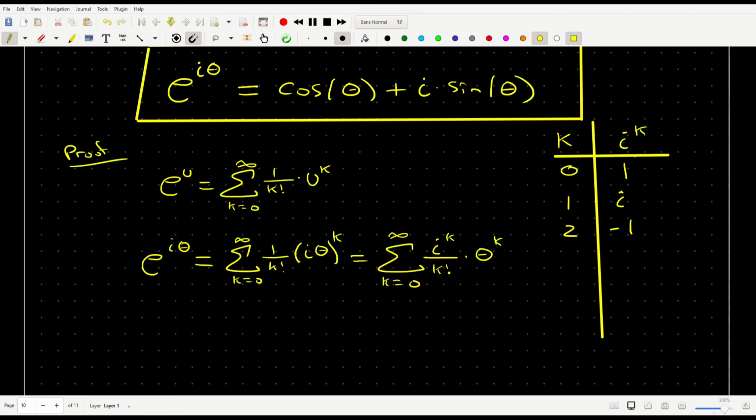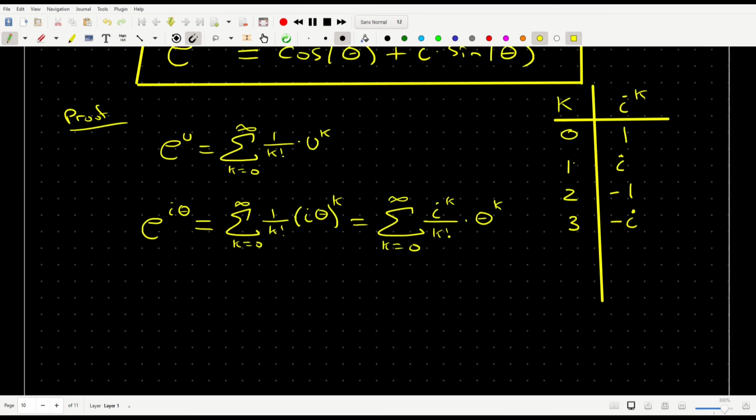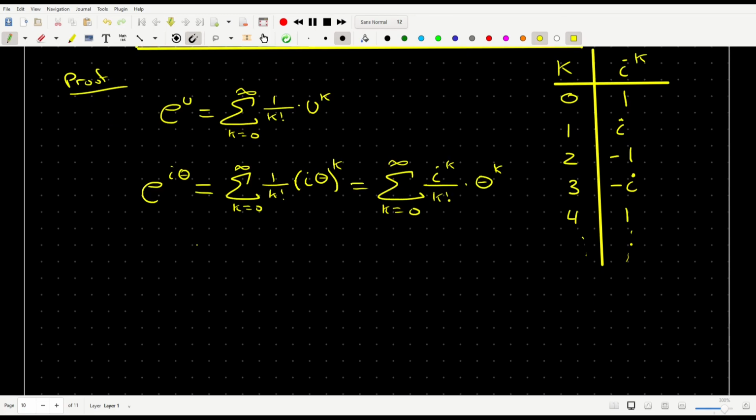When k is 3, i cubed will end up being i times i times i, or negative 1 times i, which is negative i. When k equals 4, we have that i to the 4 will be negative i times i, which will be negative i squared, or positive 1. And then this process is going to repeat itself in a loop as you continue on to higher and higher degrees of k.